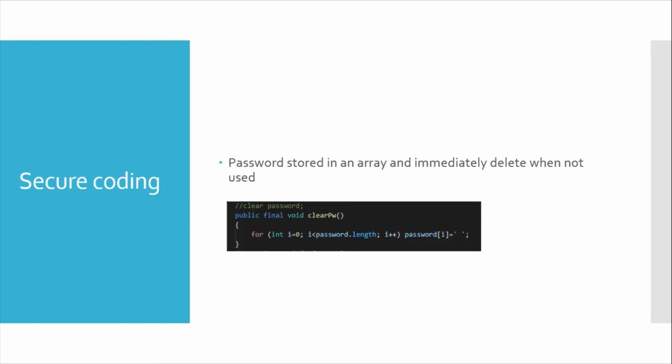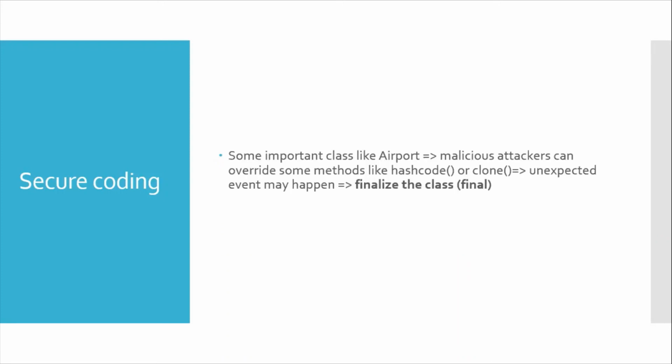The password shouldn't be stored inside a string, because a string is an immutable object, and it takes quite a bit of time for the Java garbage collector to erase the password from the memory. Because of this, I store the password inside an array and then immediately delete it when not used.